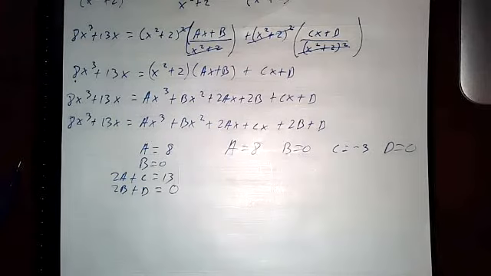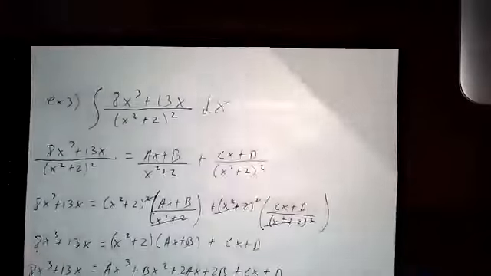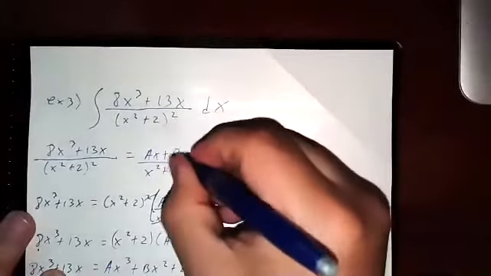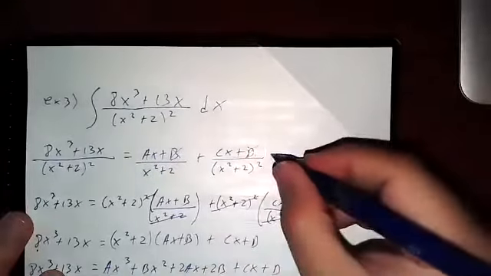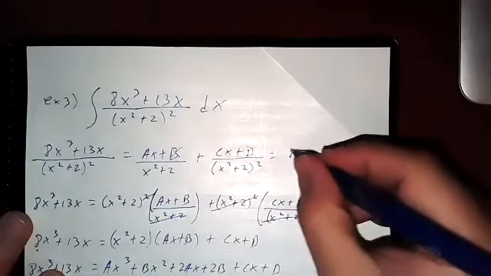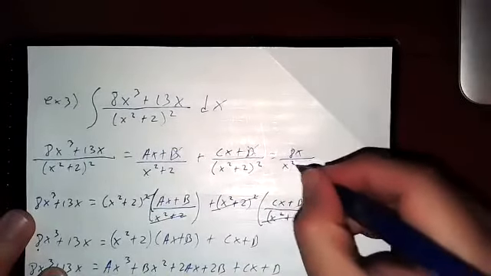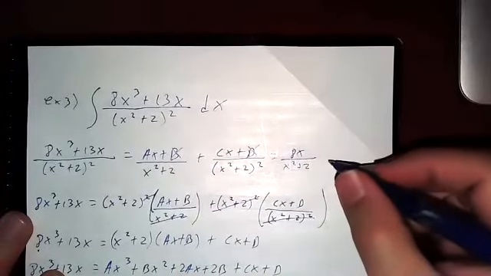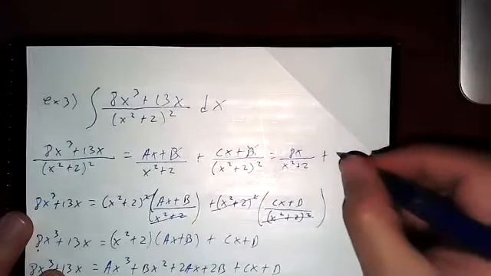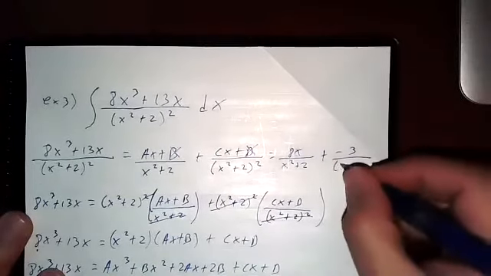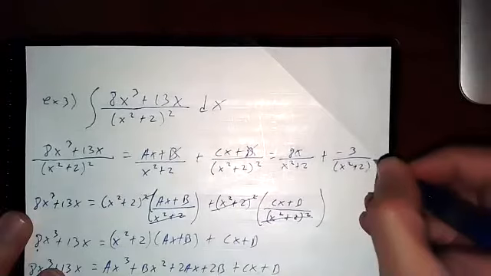The only difference now is when we went through the cases, all I did was set them up. So now we're solving for stuff. We're actually finding ABC. So there they are. Luckily, this is gone, right? So we have 8x over x squared plus 2 plus negative 3 over x squared plus 2 squared.